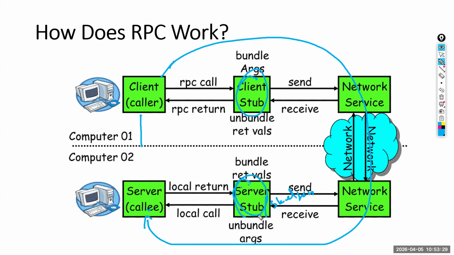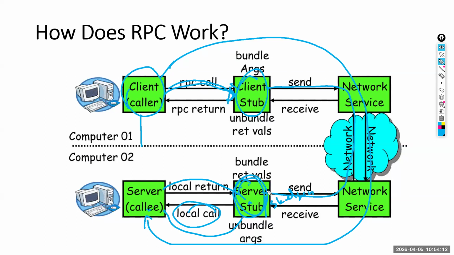Then the client calls the client stub. Because client stubs are in the client machine, it's a normal local call. So your program is doing a local call to the client stub. Then the client stub remotely calls the server skeleton or the server stub. Then the server skeleton does a local call to the server, and you get the local return to the skeleton.